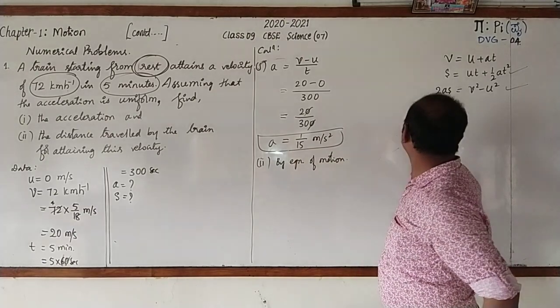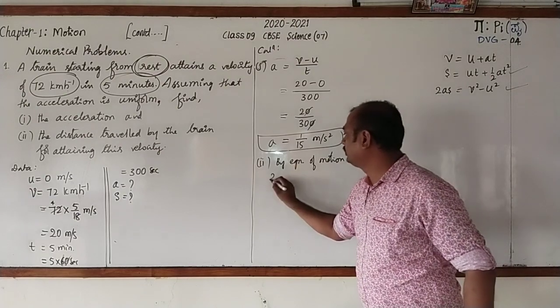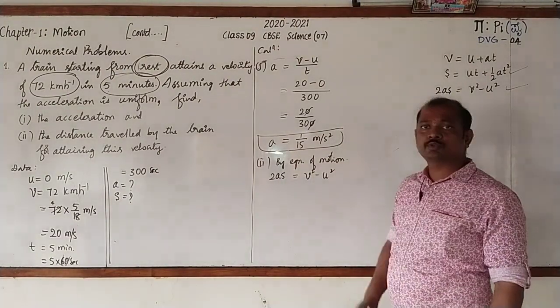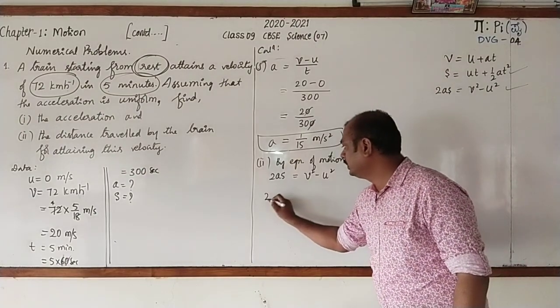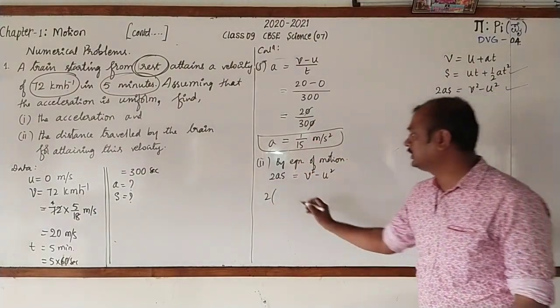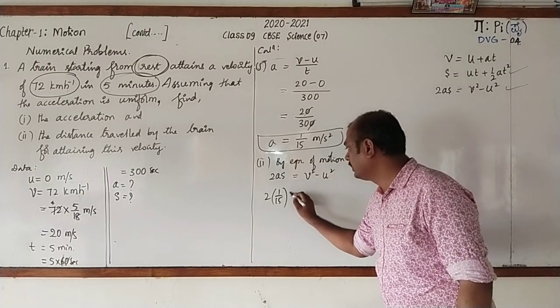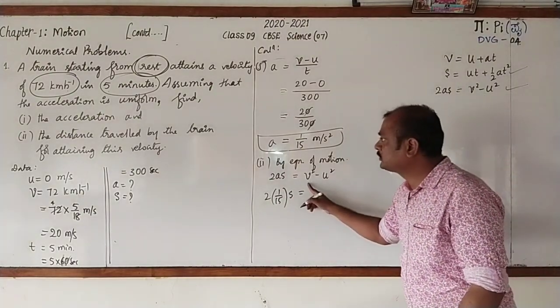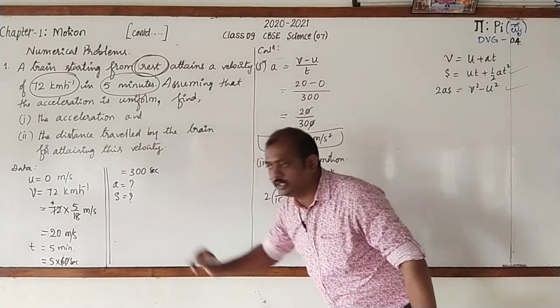That is, from equation of motion, 2as equal to v square minus u square. 2 into what is the acceleration? It is 1 by 15. And displacement is unknown. What is v? It is 20.